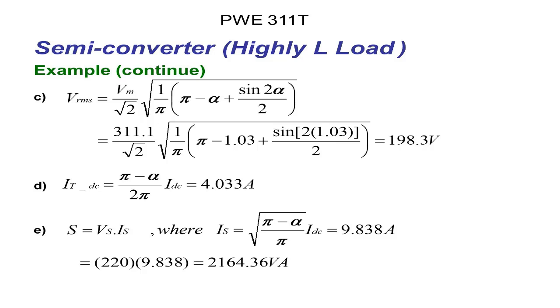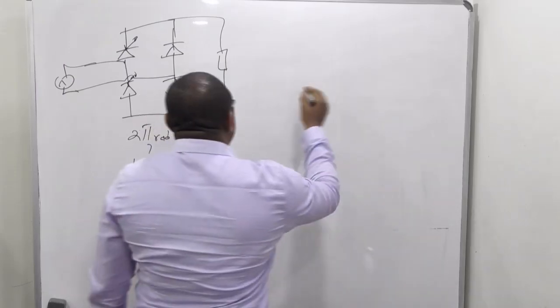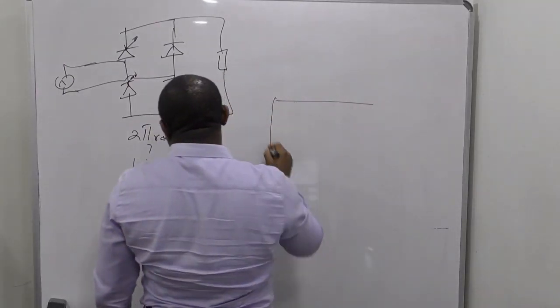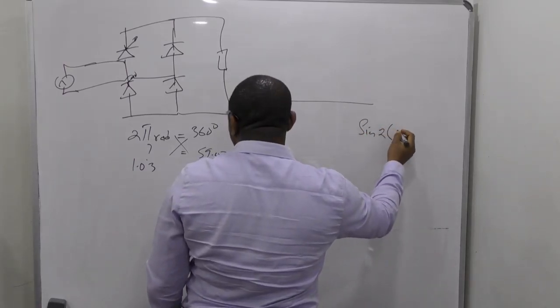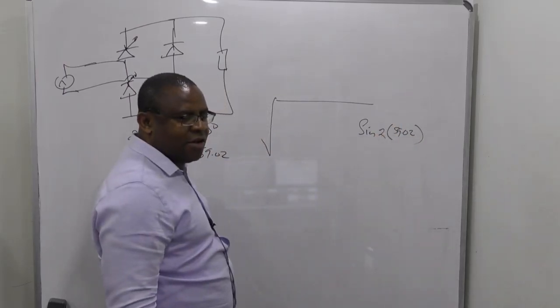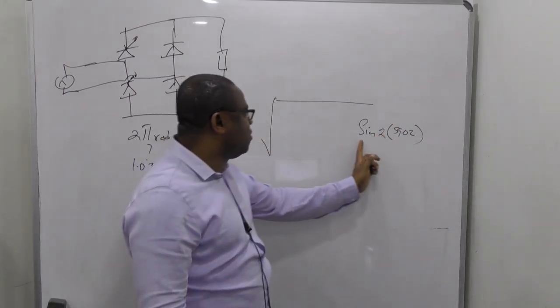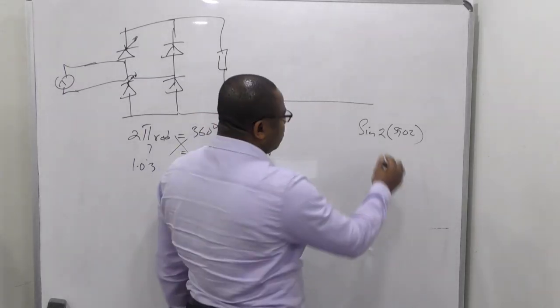Now the inside, the sine 2 into 1.03, you may not put that there. What you do is you just write it as it is, sine 2 into 59.02. Just make sure this is in degrees, except if you want to put your calculator in radians.